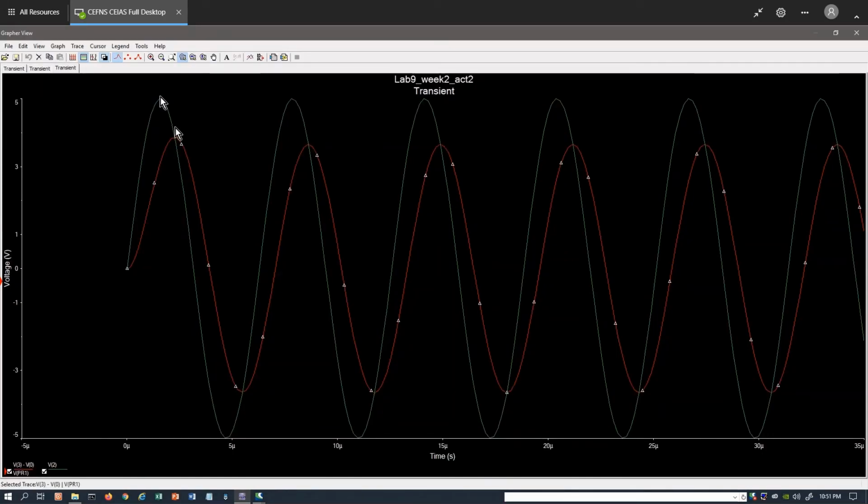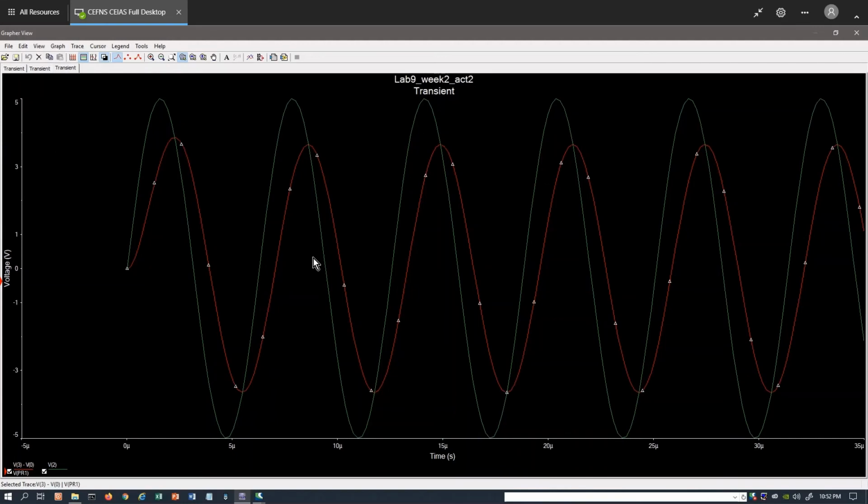The green line is the input voltage, and the red one is the output, the capacitor voltage. As you can see, the output is already being attenuated a little, but we are still getting almost the same shape, almost the same voltage as the input here.